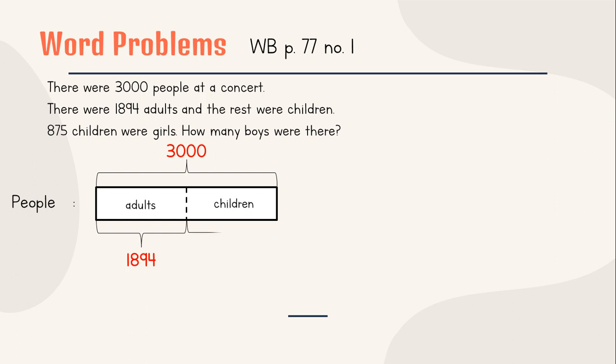No. Because to get the boys, we need to know how many children there were. This story doesn't tell us how many children there were. We have to find it out first. How do we get these children? By subtracting.